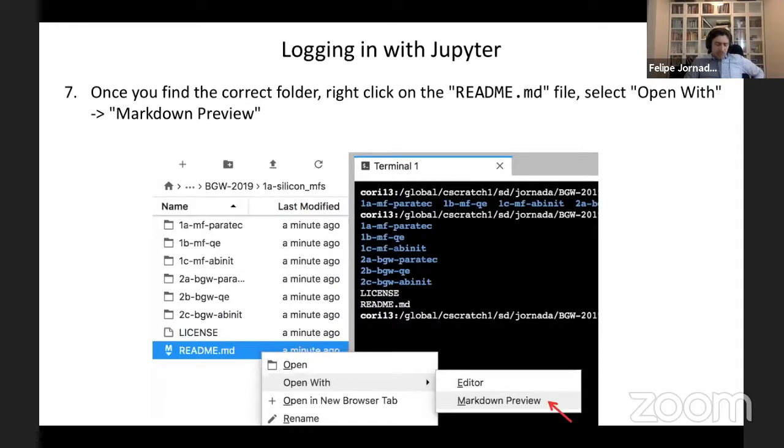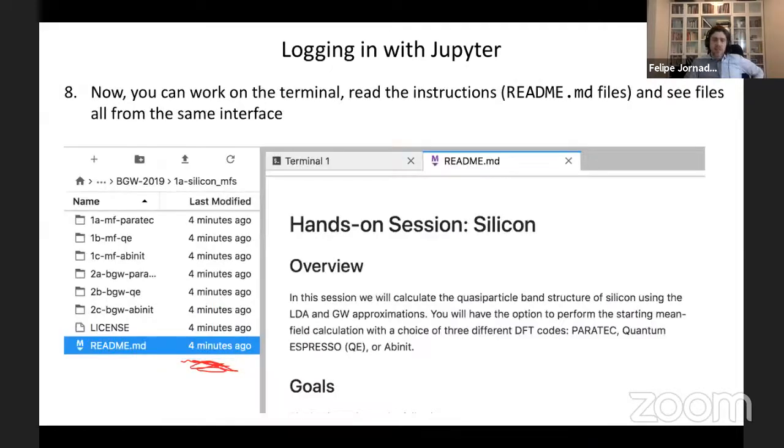And this example is mostly self-paced. There are a number of README files. If you click on those README files, you are going to see the instructions that you have in each of those files. So in the same interface, you can have the terminal to run the calculations, and the README file to see what the instructions are.